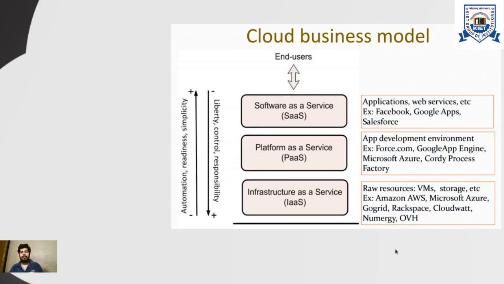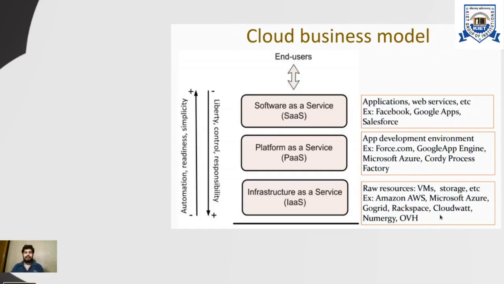This business model is generally used by web developers, or application developers, who need hardware to develop their application on but don't have it. So they provide you a platform, and that platform can include different tools. The platform includes an operating system. It may include an IDE, an integrated development environment.